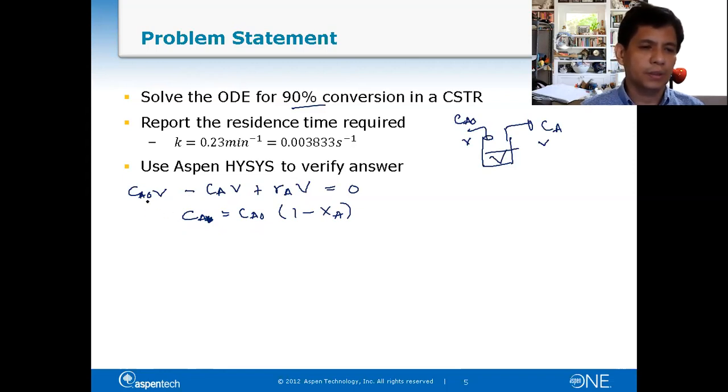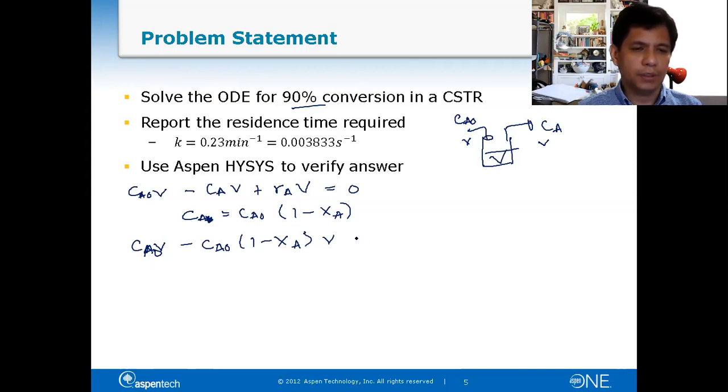Okay. So ito, yung first term, CA0 pa rin yan, CA0 times v. Hindi yun magbabago. Tapos yung second term, that's going to be CA0 (1 minus XA) times v.